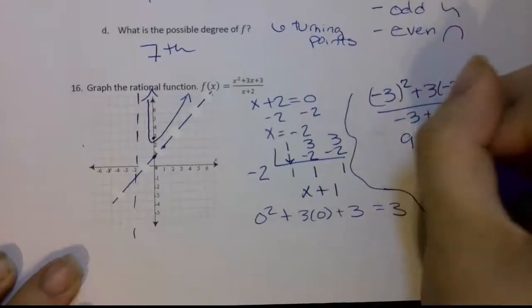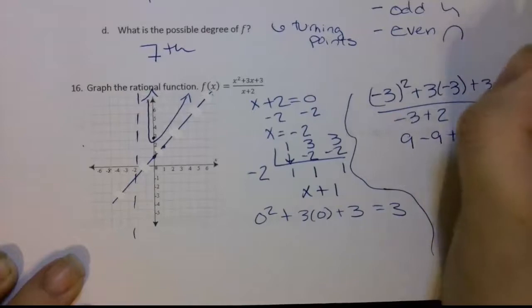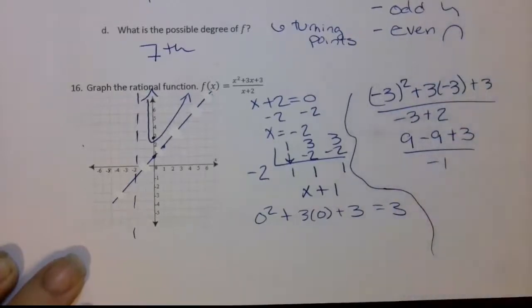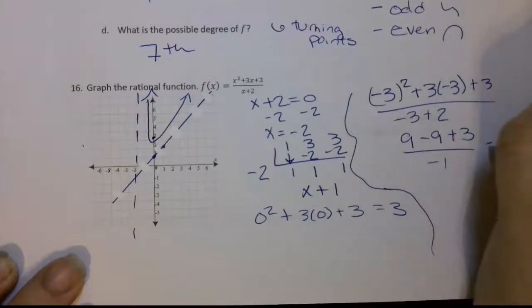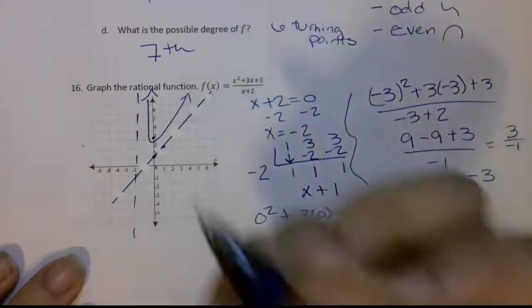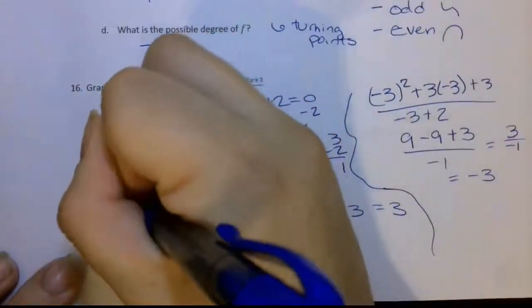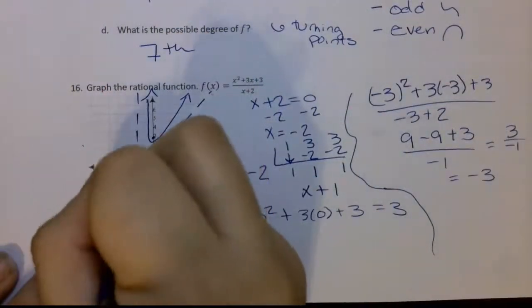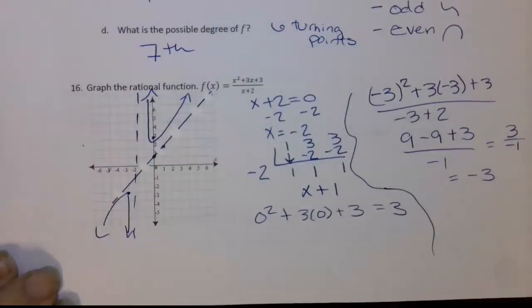Positive 3 times -3 is -9 plus 3. -3 plus 2 is -1. 9 minus 9 cancels out. I have 3 over -1, which gives me -3. So my coordinate point is -3, -3, which is inside the triangle piece again. So it looks kind of like that.